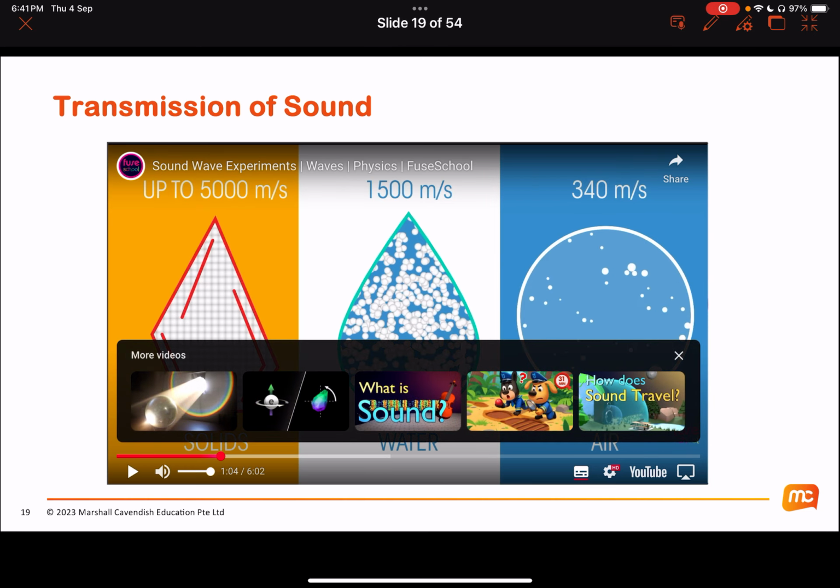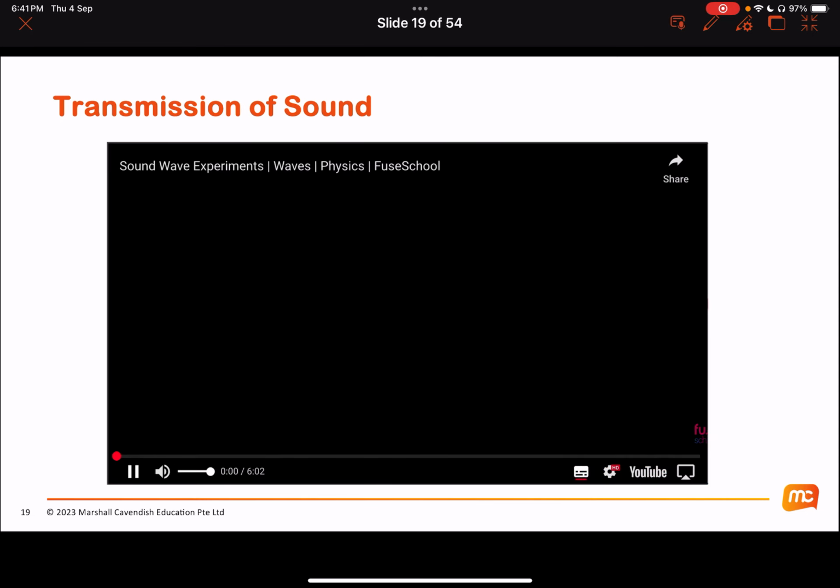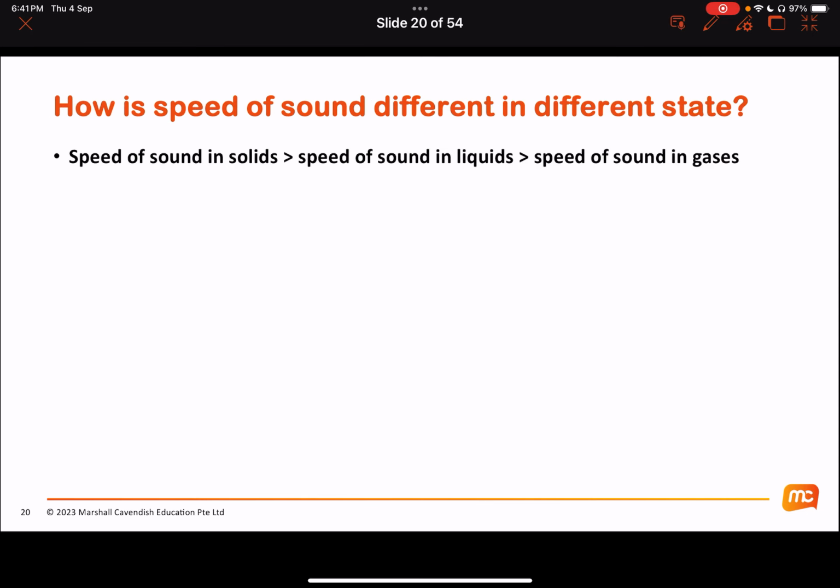Okay, so I'm going to pause here. We can see a trend in how the speed of sound will change in different states of medium. Very simply, speed of sound changes in different media. In solid it will definitely be the fastest. Why?